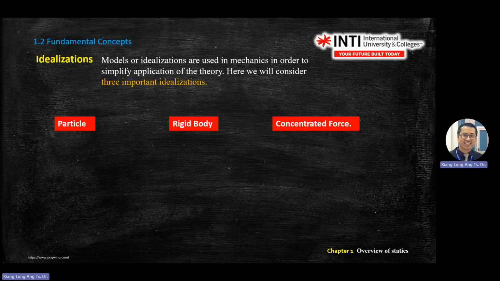It means we idealize, we simplify the question by seeing this as one body. Actually we cannot say body, it's one dot, or we call it a particle. The second approach is we see this as a rigid body. This one has two rigid bodies. We can see this as one rigid body, or two rigid bodies, also can.